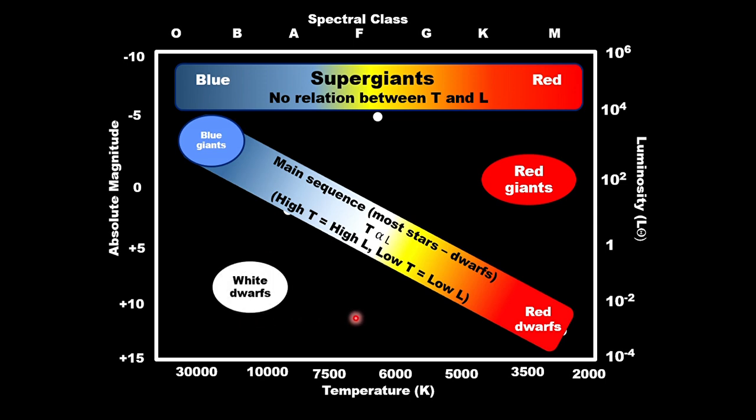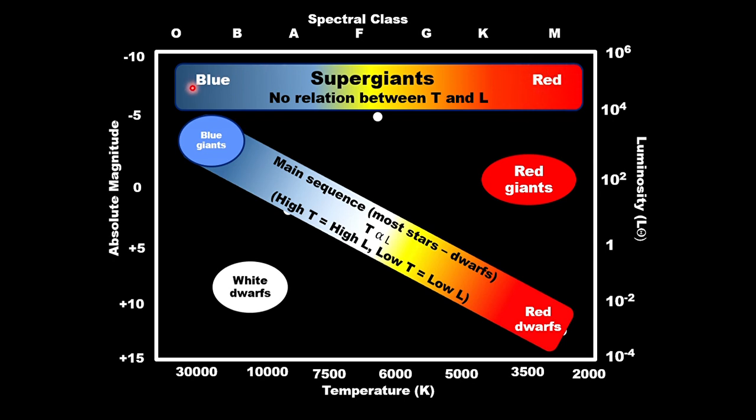and so we call them white dwarfs. And so we can actually tell something about the size of these stars, because the biggest stars here must be the red supergiants. Why? Because they're amongst the most luminous stars, and yet having very low temperatures, they must have really, really big sizes to give off all that energy at low temperatures.